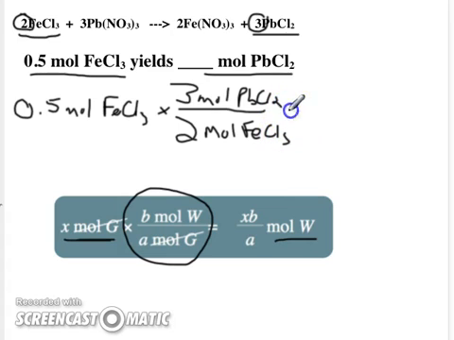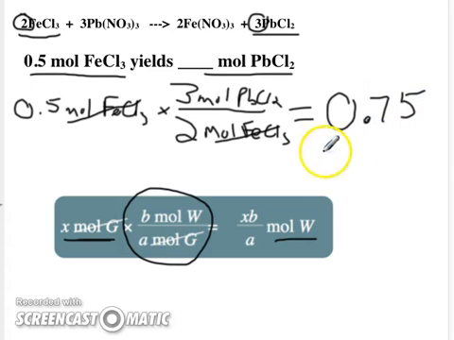Kind of a messy 3, but it's all right. So now we do the math. We cancel this out, moles of FeCl3 go away. So now it's 0.5 times 3 divided by 2. So our answer is 0.75 moles PbCl2. And that's our answer.